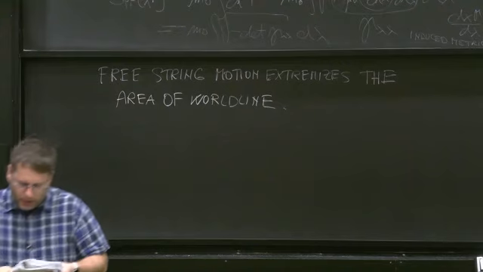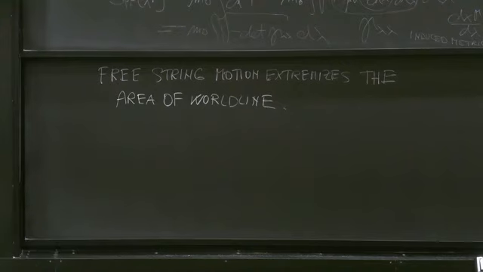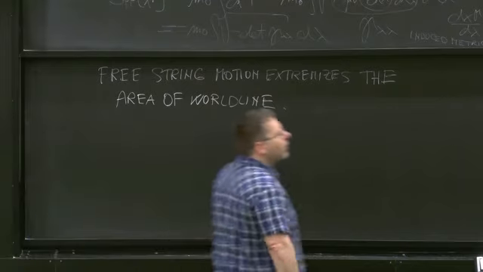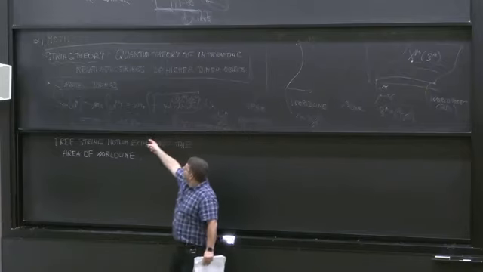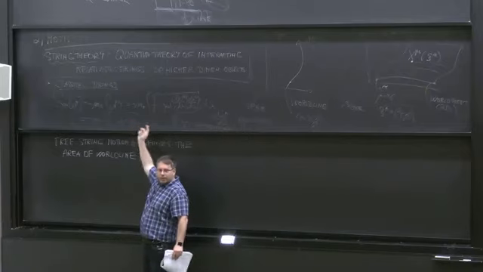Following exactly the same prescription, the first thing you have to ask is, what is my induced metric on this worldsheet? Similarly, we had an induced metric on the world line, and we calculated the determinant of that metric, and that gave us the length.